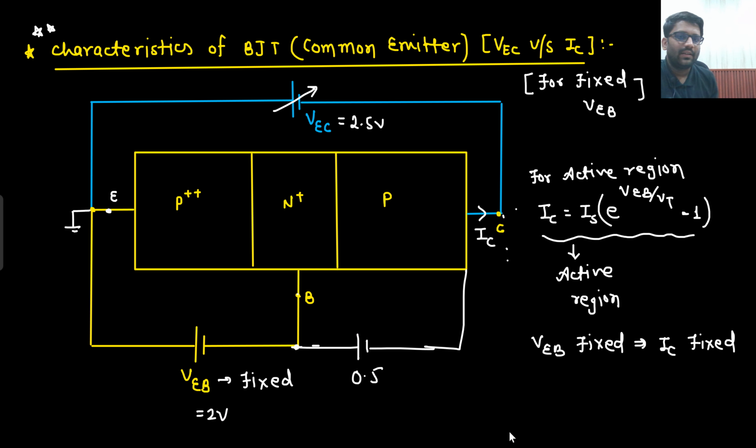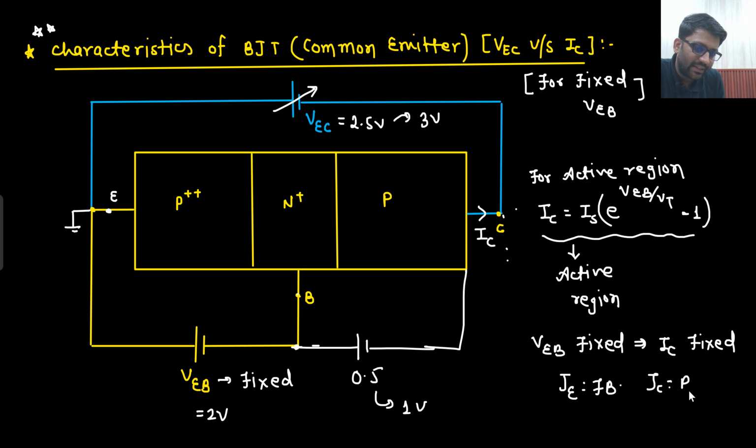That means even if you keep on increasing this VC from 2.5, if I go to 3 volt, then this 0.5 volt will go to 1 volt, because 2 plus 1 has to be 3. So even if I increase this reverse bias, here your emitter junction is already forward biased, I don't care about it. But even if you increase the reverse bias, nothing will happen. Almost the current will remain constant only.